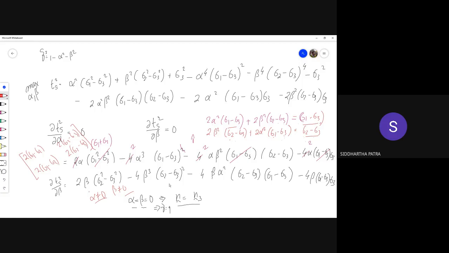Earlier we saw that taking alpha equals 0 and beta equals 0 does give us a solution, but that is not the solution that you're looking for. We are getting the minimum. So that's not what we can take. But if we take both not equal 0, then we end up having an inconsistent set of equations, which doesn't give any solution, which cannot happen, because if this is assumed to be true, then these two equations should also be true, but they cannot be true simultaneously.